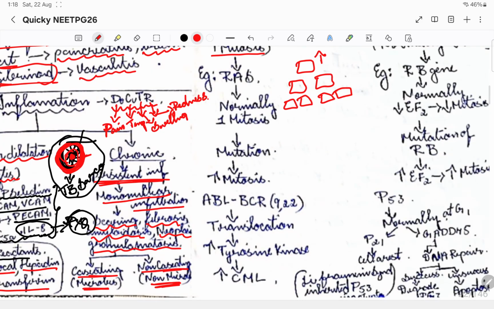Now I'll tell an example so that it will be clear for you. RAS is a proto-oncogene. What it will tell is, normally one mitosis to happen. Now suppose there is a mutation in the RAS gene, then there is increased mitosis, because there is no regulator at all. So that is when increased mitosis will happen.